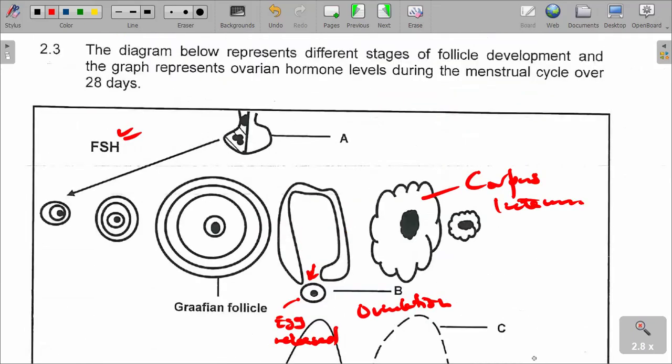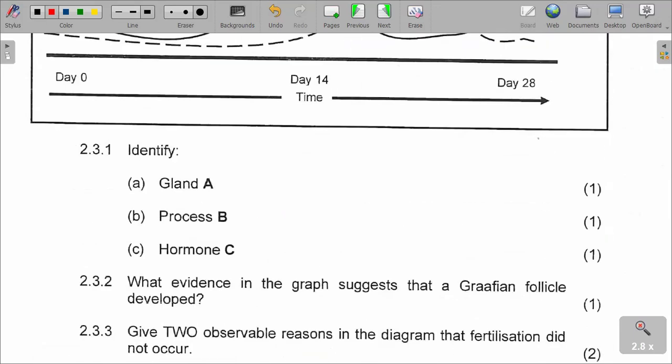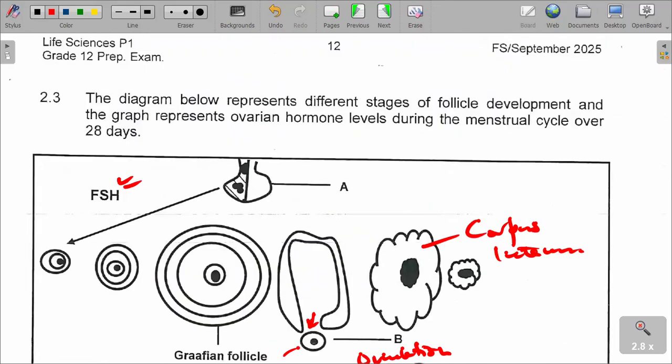So let's go to the question saying the follicle development, and the graph represents the ovarian hormone levels during the menstrual cycle, over 28 days. Identify gland A, which is producing the follicle stimulating hormone.